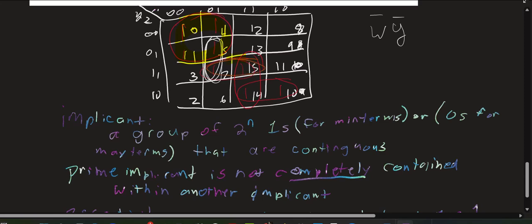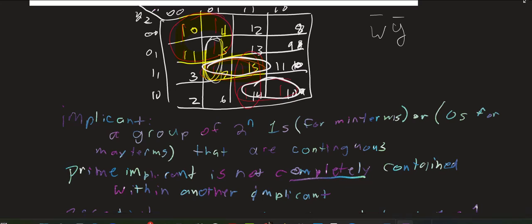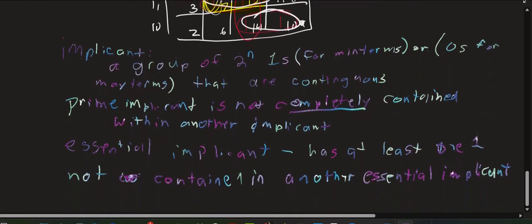So this one. And then 14 and 10. Now notice this vertical one here, the 15 is contained in the horizontal one and the 14 is contained in the other horizontal one. So that one is not essential.